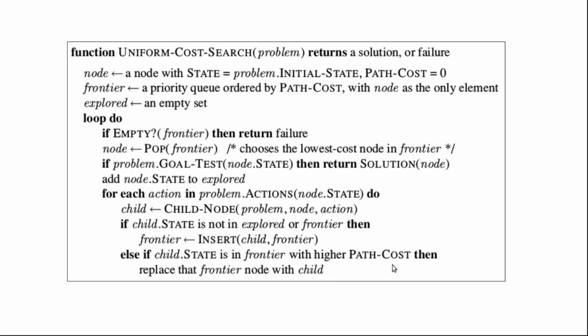If the new path has less cost, then we will replace the earlier path with the new path. So that's the algorithm for uniform cost search, and we have seen these steps in our example.